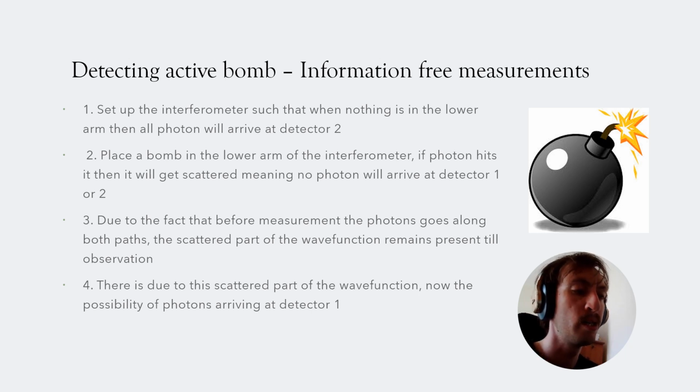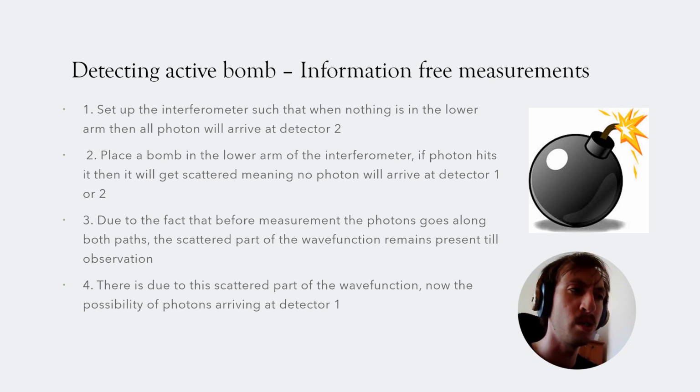the bomb. So in other words, we can have a situation where there's a probability of finding our photons at detector 1, but if they do land at detector 1, we know for certain that the bomb is present, because it's only due to this scattered classical state within our quantum state that would allow for the probability of our photons landing at detector 1.